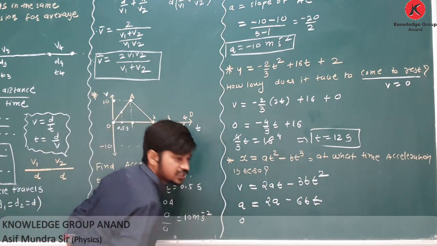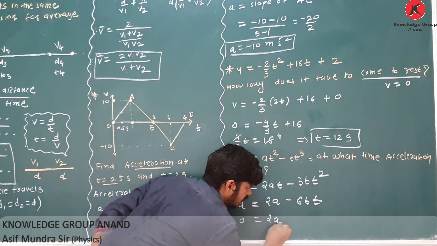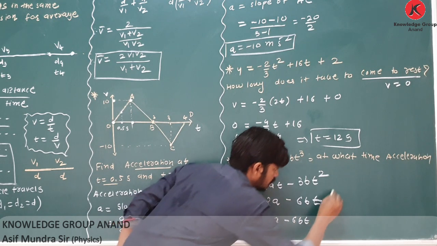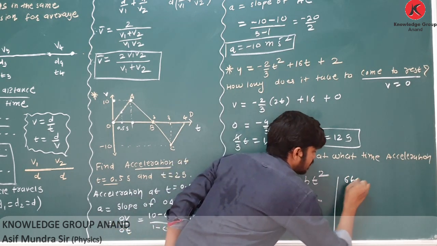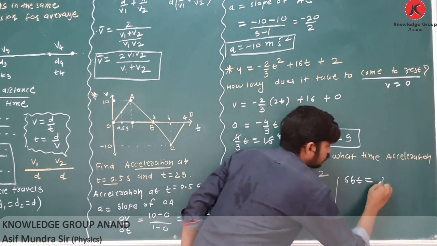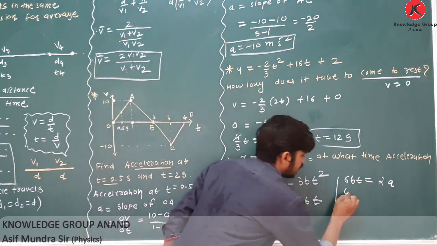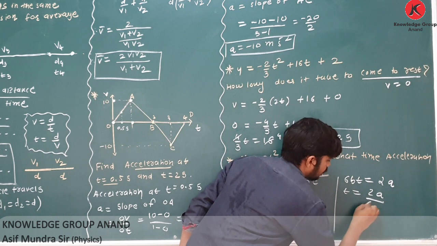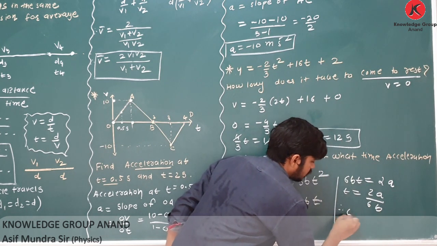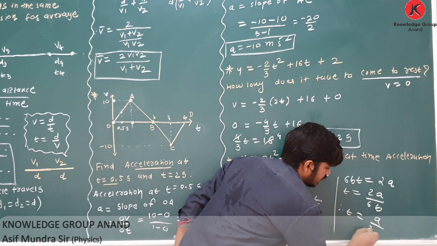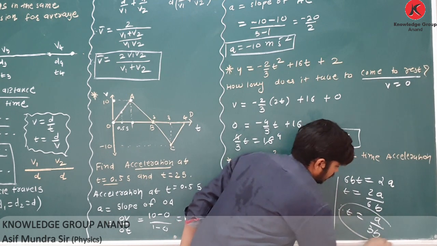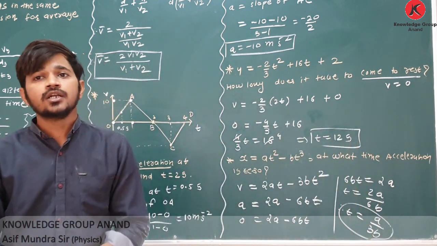So put acceleration equal to 0. 16 minus 6bt. So therefore 6bt is equal to 16. So t is equal to 16 upon 6b. So it is your answer.